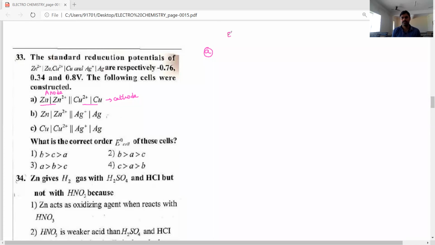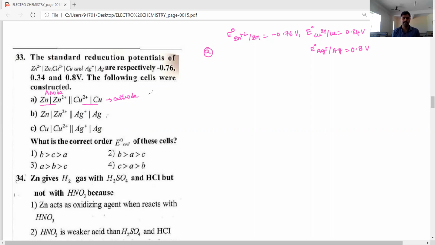So the standard reduction potential of Zn2+/Zn is -0.76 volts, the standard reduction potential of Cu2+/Cu is 0.34 volts, and the E0 of Ag+/Ag is 0.8 volts.